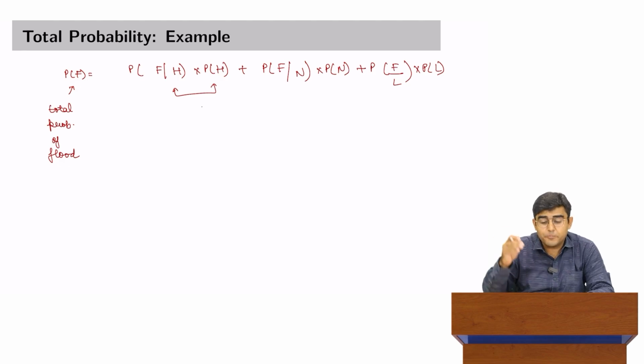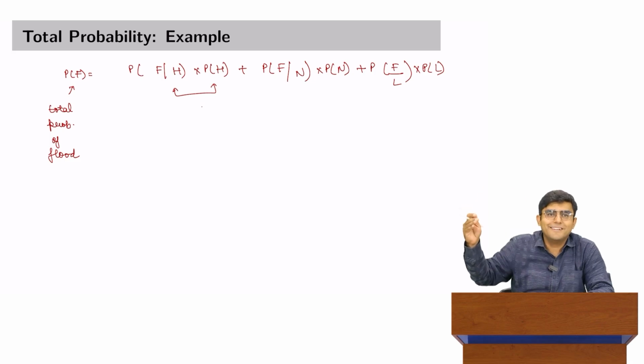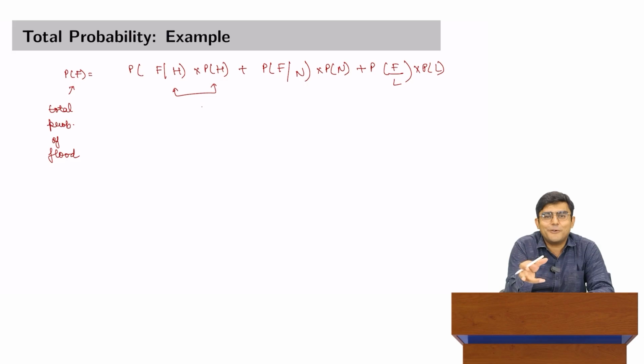That means even if probability of flood given high snow is very, very high and probability of high snow itself is low, probability of flood gets modulated or controlled.